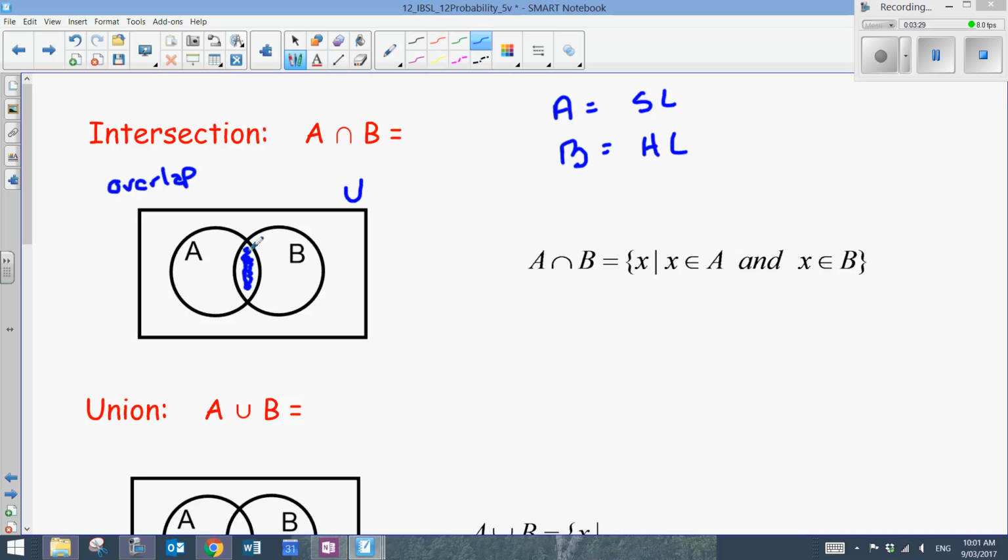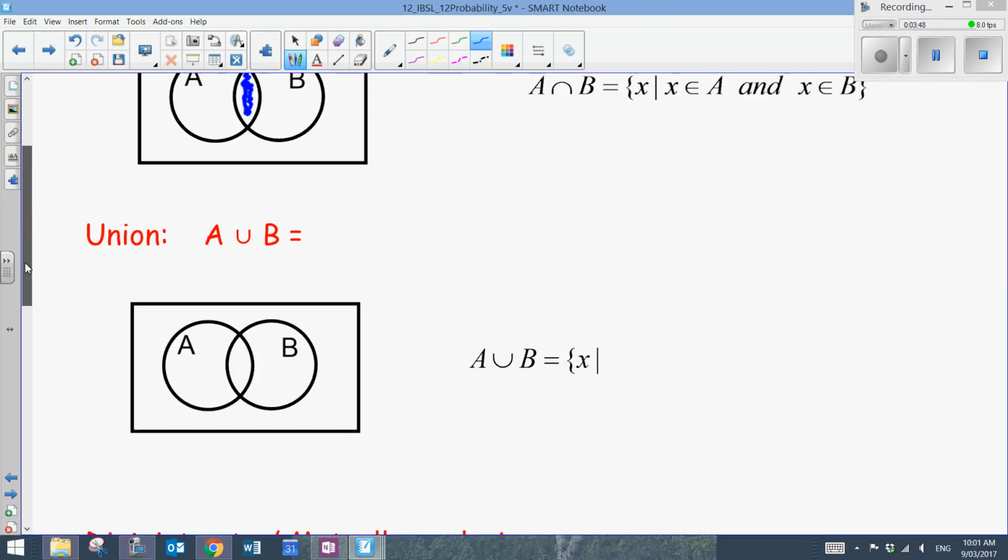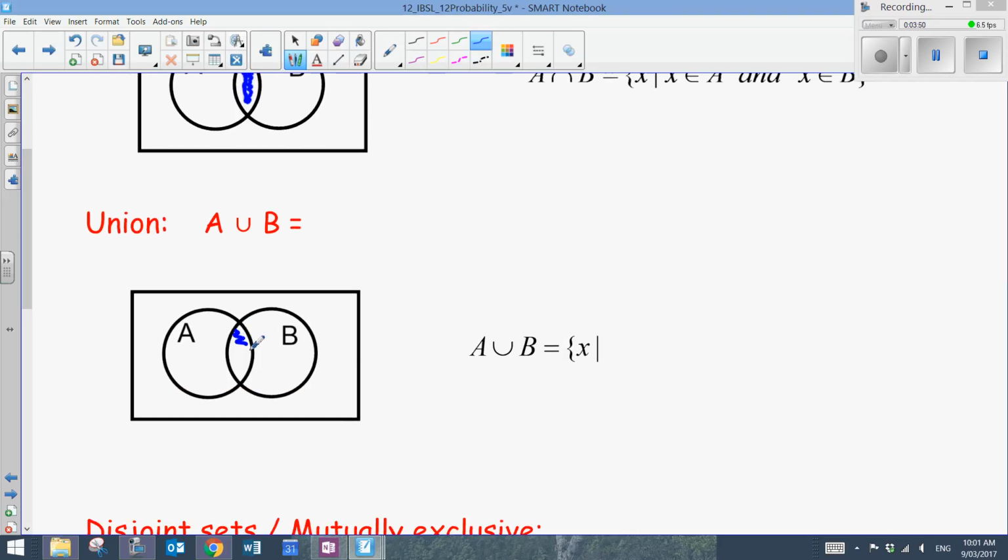There's a little bit of overlap, and then there's some things that are just in the classes individually, and then there's some topics that might not be in the courses as well. But when we talk about the intersection, we're talking about X being an element of A and also X being an element of B. If we're looking at the union, we're not only talking about the intersection in the middle, but we're including everything that's also just in set A and everything that's also just in set B.